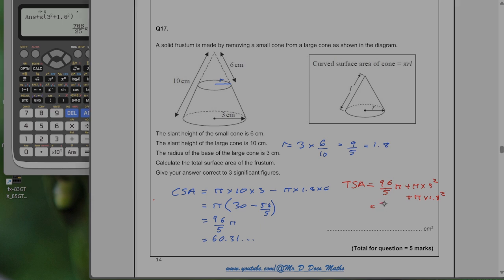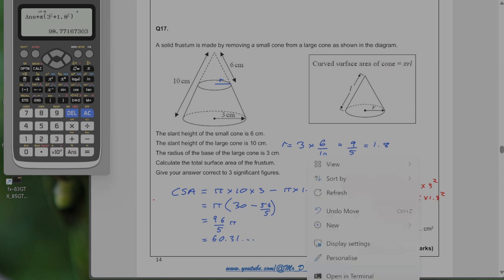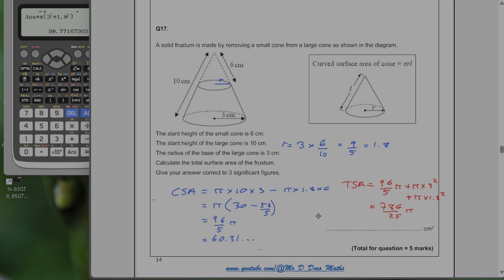So we're looking at 786 over 25 pi, which as a decimal gives us 98.7716. I do want to write that somewhere, but not really on my answer line. So I'll write it here.